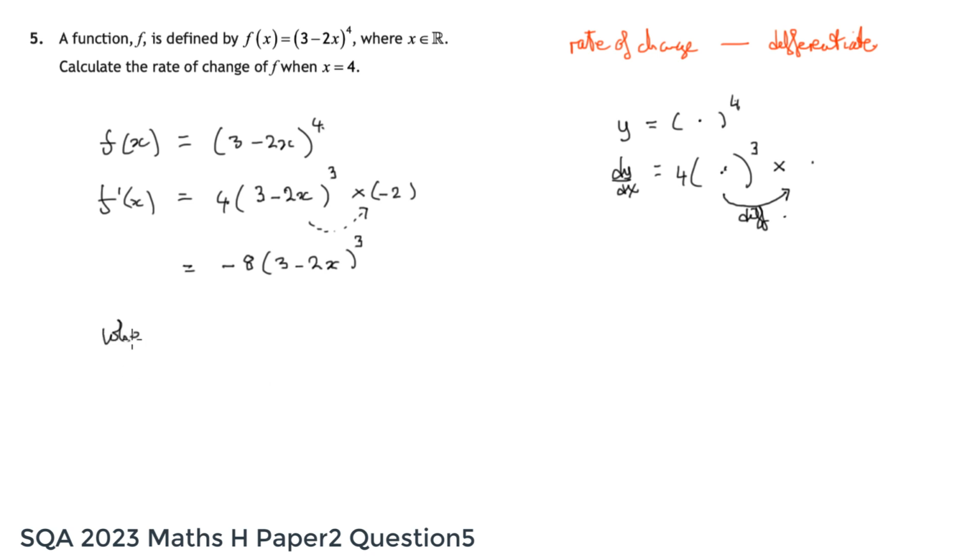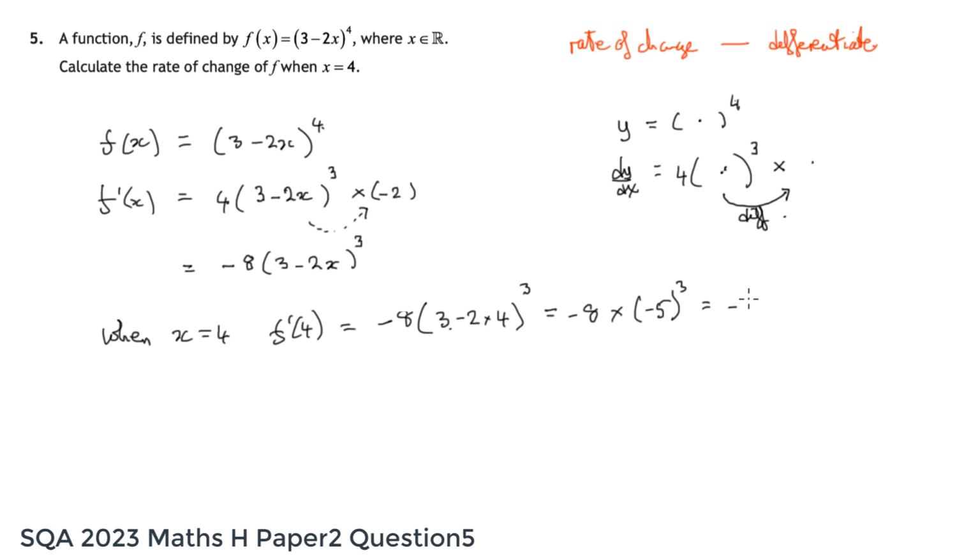So that's a case of plugging in 4. So when x equals 4, f dashed of 4 is equal to -8 times (3 minus 2 times 4) cubed. So that's -8 times, now 3 minus 8 is -5, cubed.